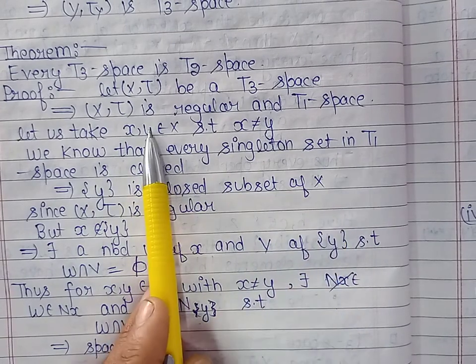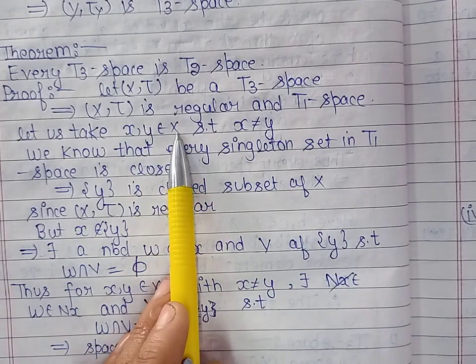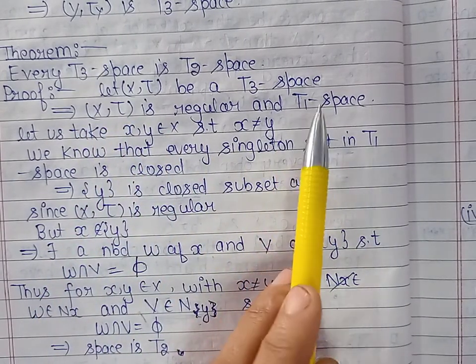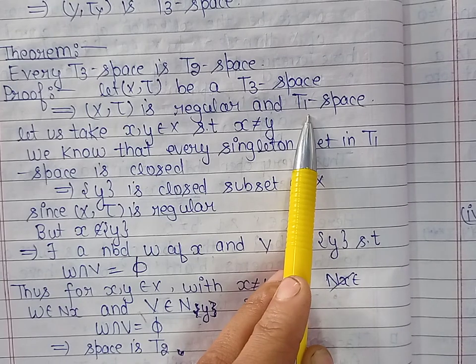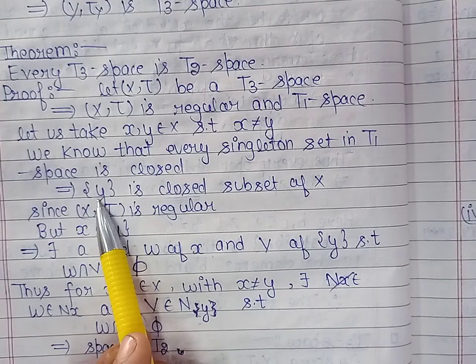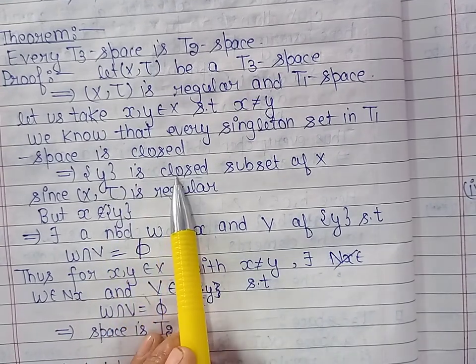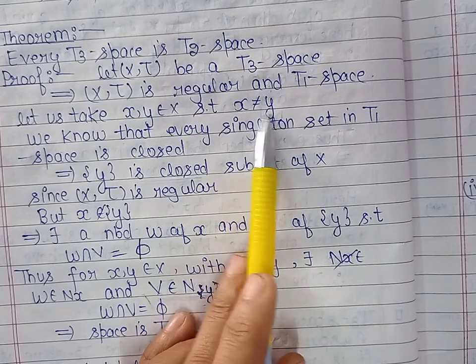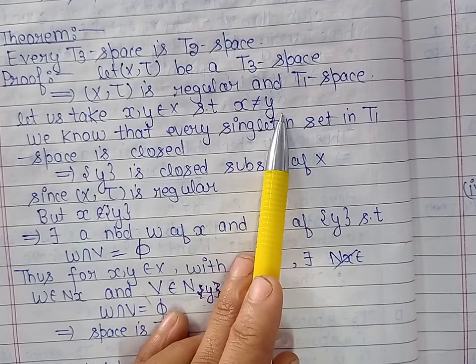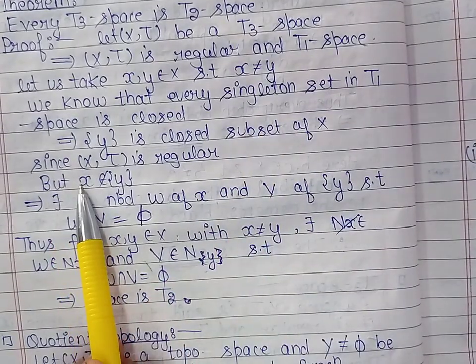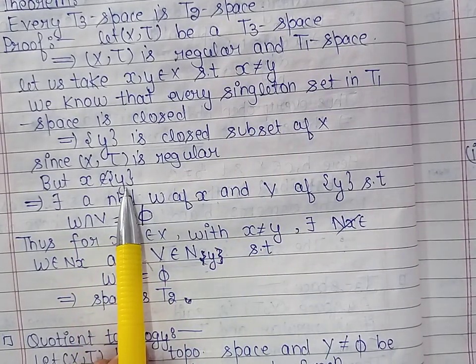Here y belongs to X and X is a T3 space, and therefore that is T1 also, and therefore every singleton in this space will be closed. So we can say that the singleton {y} is a closed subset of X. Now because x and y are different points of the set X, the element x does not belong to {y}.